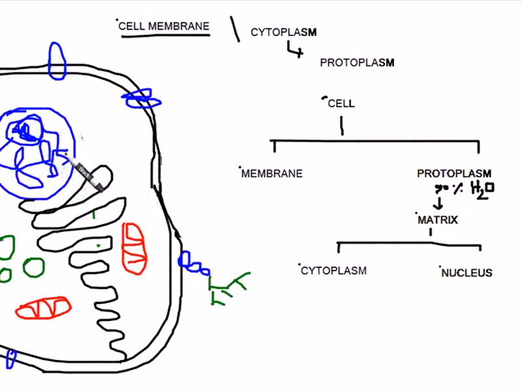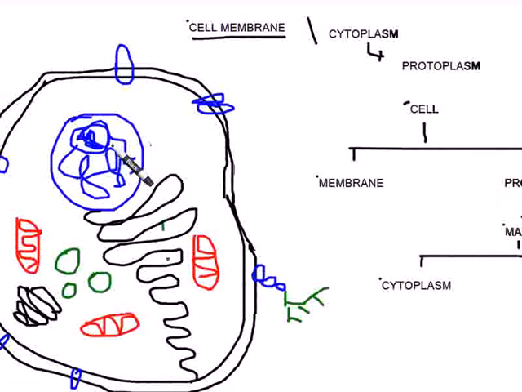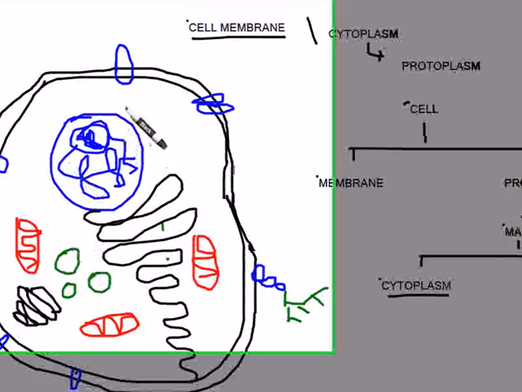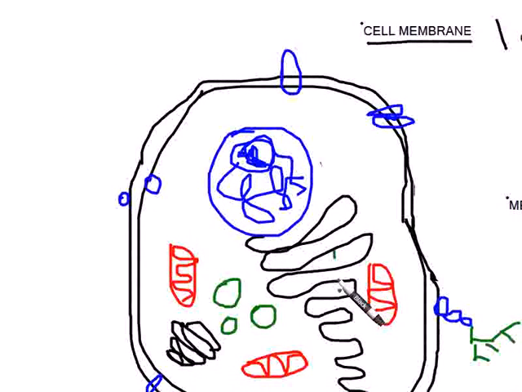We call it protoplasm when you have the nucleus within. When we give this nucleus a separate place, we end up with what is called the cytoplasm. So the rest of the protoplasm except for the nucleus is called the cytoplasm.